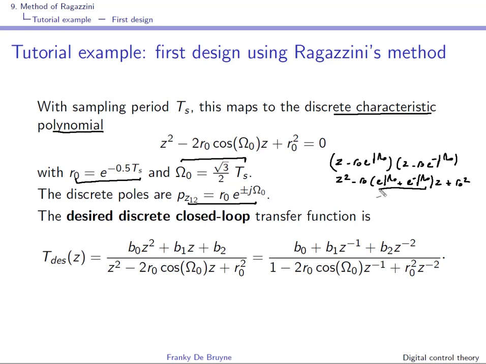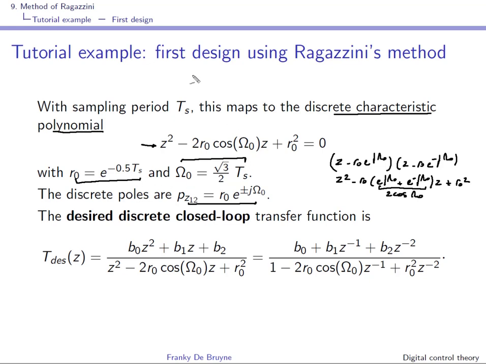And this is 2 times the cosine of omega 0.